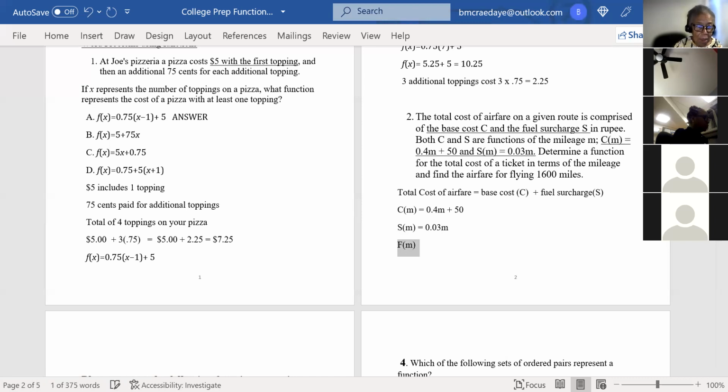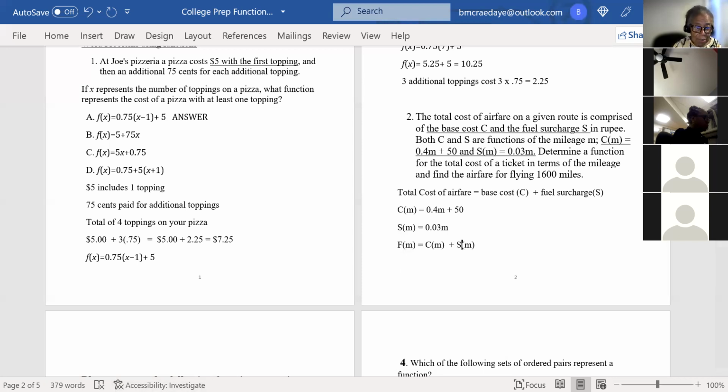So F of M would be equal to C of M plus S of M. And we know what those are, right? Because we've got our values there. So substitute those expressions into this equation.